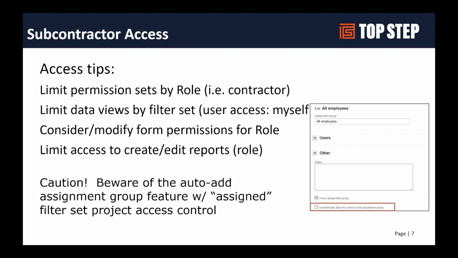However, be cognizant that when you add a contractor, they will also be automatically added to those assignment groups. So you'll want to remove them from those, assuming you do not want them to have access to the same internal projects that your employees see. So be careful there. I've seen customers not realize that the contractors are seeing more projects than they should.